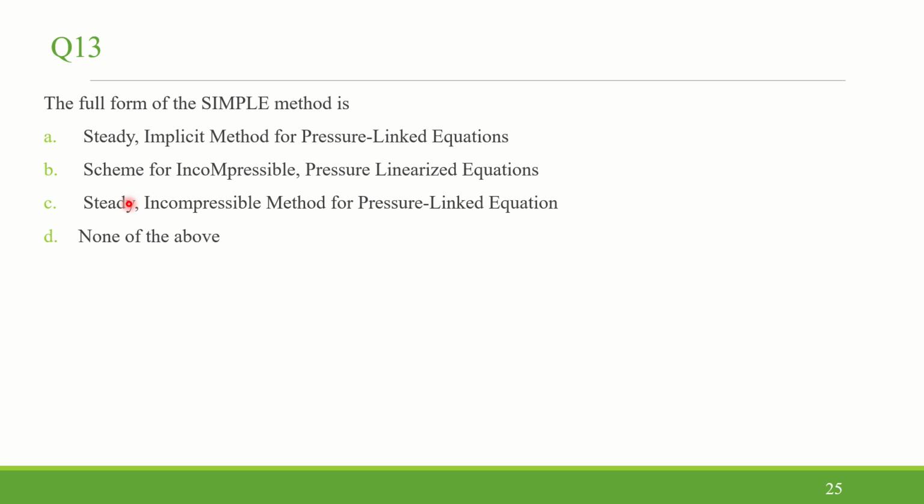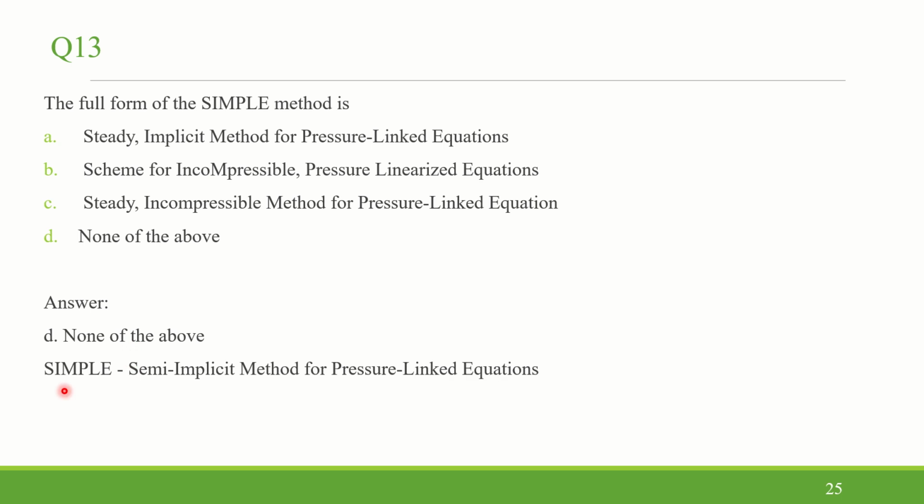So the first one is steady implicit method for pressure linked equation, the second is scheme for incompressible pressure linearized equation, and the last is steady incompressible method for pressure linked equation. The actual full form of SIMPLE is semi-implicit method for pressure linked equations. So none of the above is the right answer, option D.